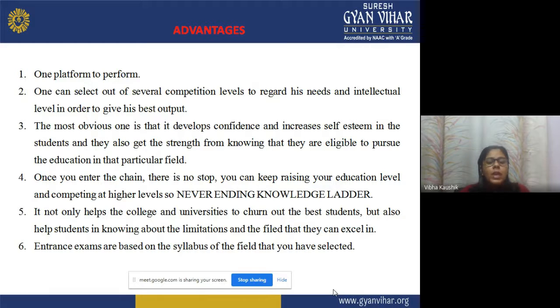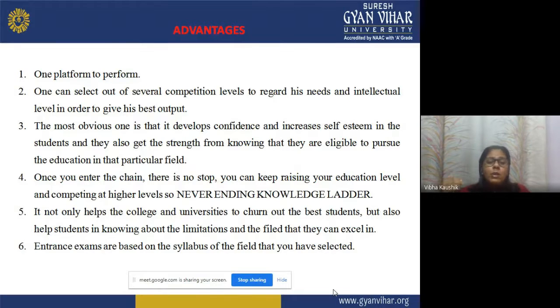It not only helps the colleges and universities to churn out the best students, meaning they can select the best students out of the number of students who have appeared for the entrance exam, but also helps students in knowing their limitations and the field that they can excel in.